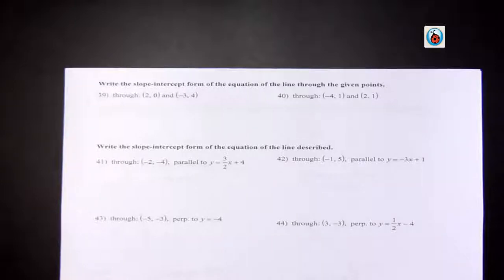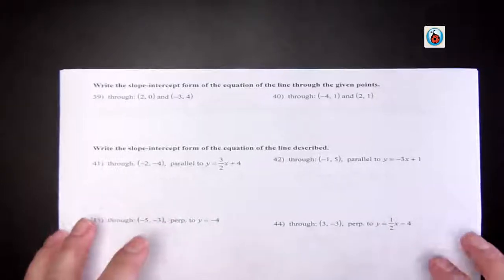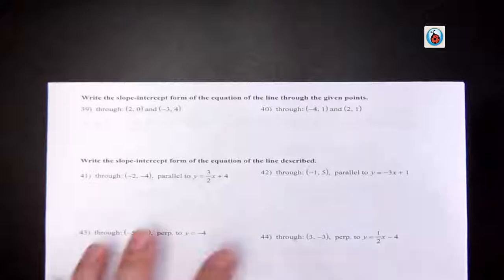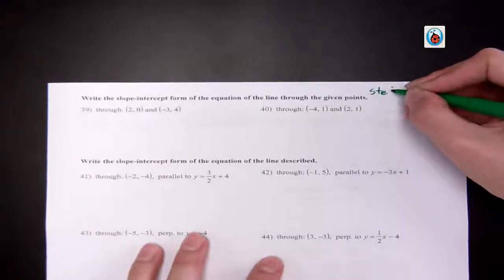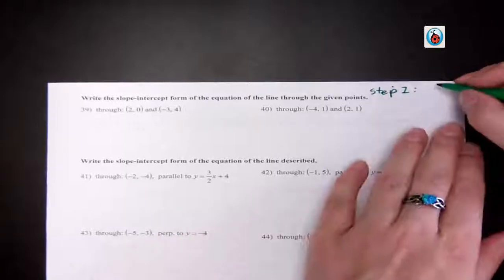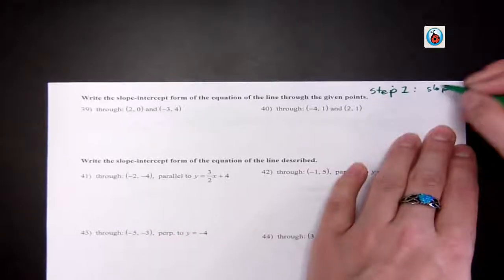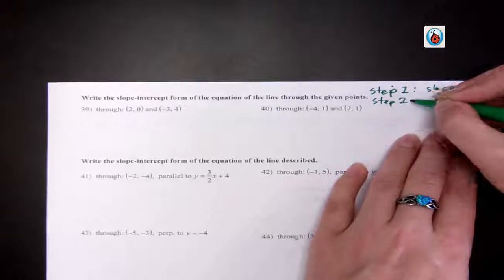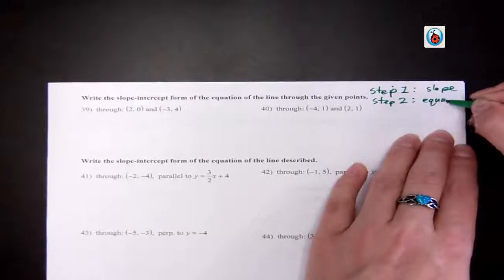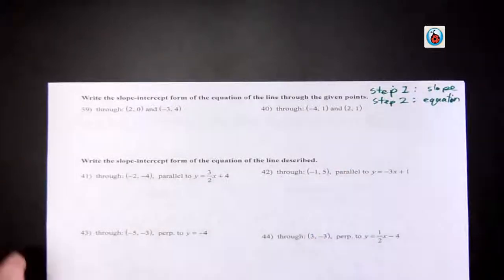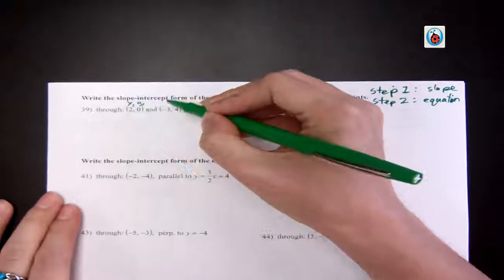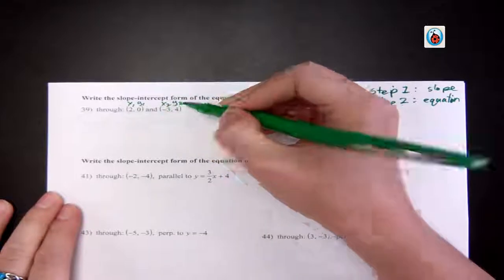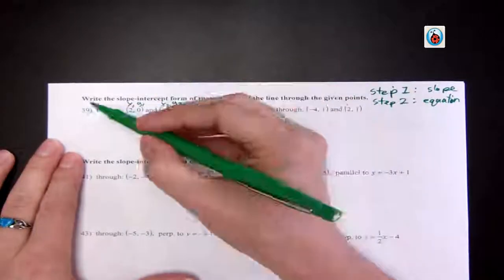Okay, this is the same thing, but we just have 2 steps. So step 1 is find slope, which is the slope formula. And then step 2 is find the equation. So I start by labeling x1, y1, x2, y2, and my first step is to find the slope.